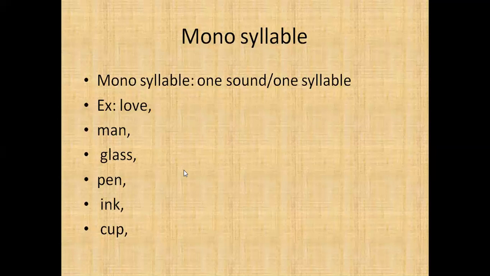So pen, ink, and cup, these are all very, very simple ones. I don't like to limit this learning process of pronunciation to this class. I will be available anytime, my dear students, and I will make another one or two videos and send them. So I hope you understand what monosyllable is. Mono means single syllable. Syllable means sound, single sound.